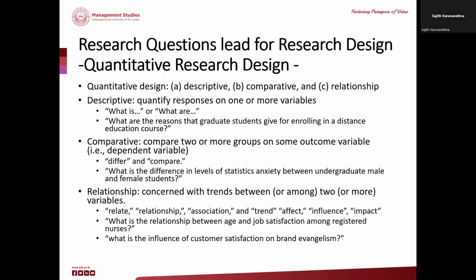That is the rationale for that. If you are not controlling or manipulating an independent variable, the best design is non-experimental design. You can proceed with a survey, correlational design, or causal comparative research.